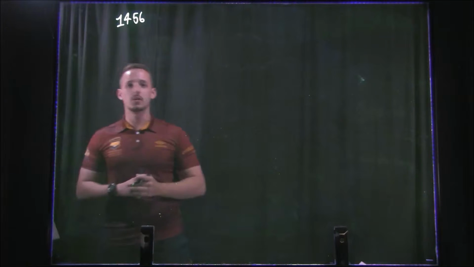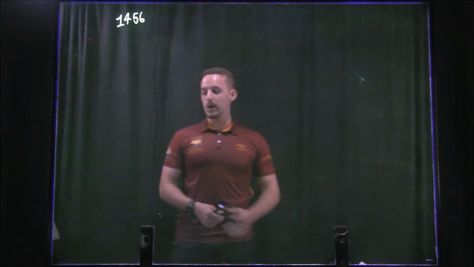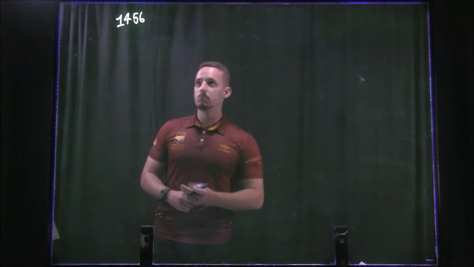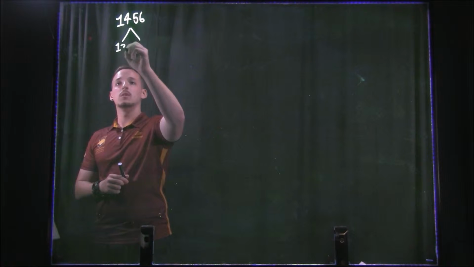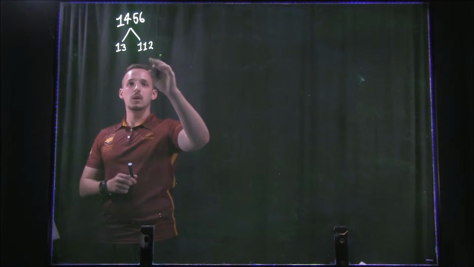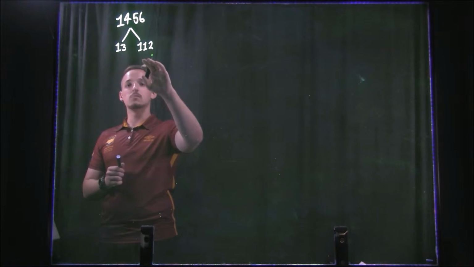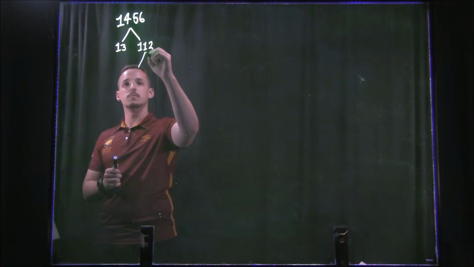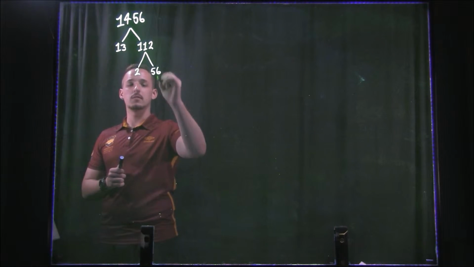Let's take our example of our large number 1456 from last video. Now we went through and we figured out that you could divide it by 13 as a prime to start with, and that you were left with 112. And then last lesson we did this by 7. I'm going to do it by 2. 2 and 56.